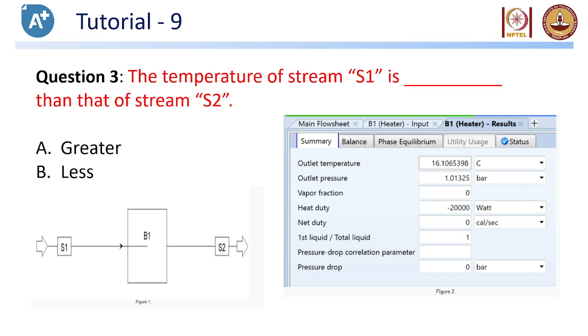Why do you think it's less? Either Sachin or Sanjay.